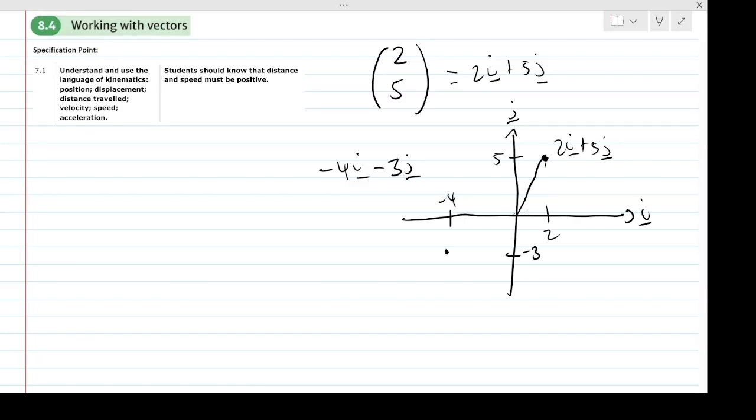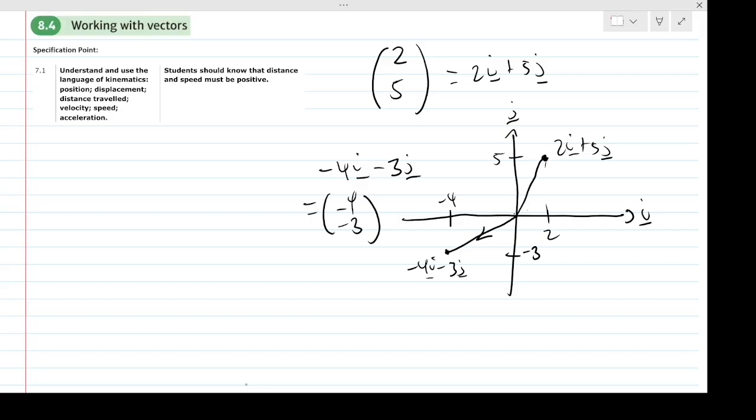And so there's our point. So then the vector from the origin is minus 4i minus 3j. And then you can write that as a column, so that'd be minus 4, then minus 3. So this i and j notation we will be using. i is basically the X part and j is the Y part essentially.